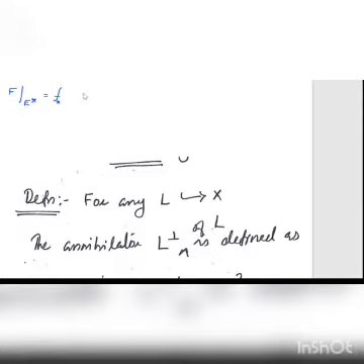And you have one more condition: norm of F in X star is the same as norm of f naught in E star. So this was the Hahn-Banach extension theorem.